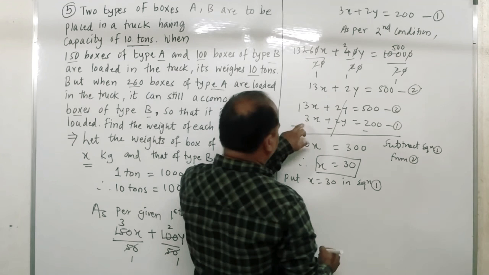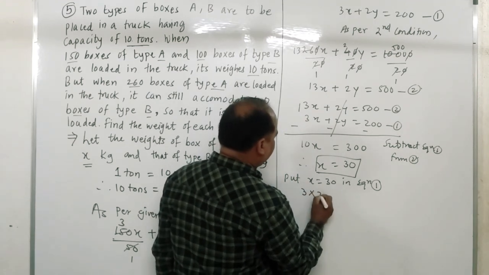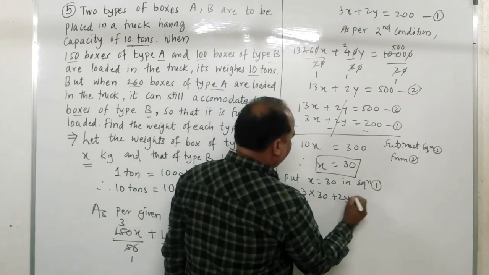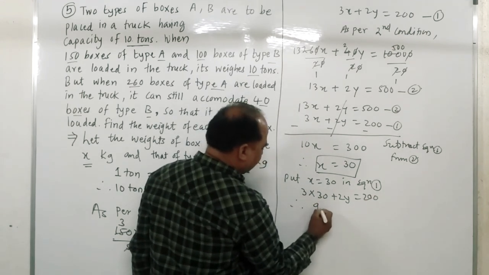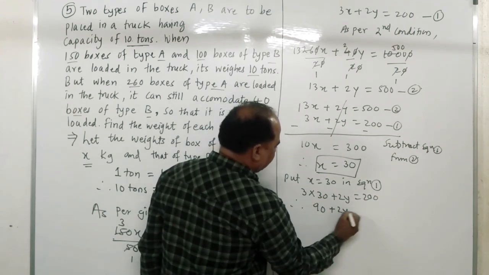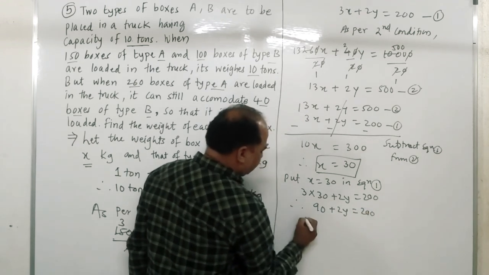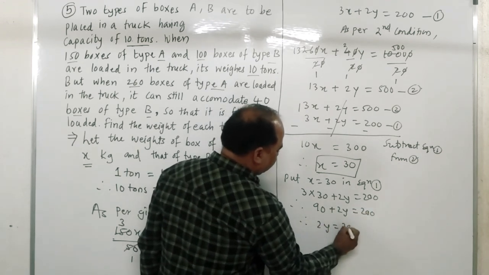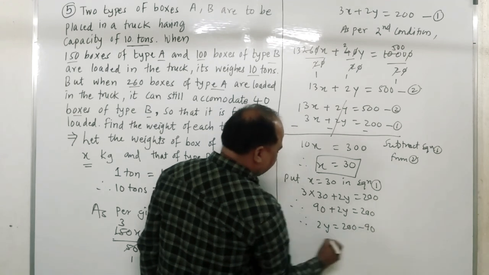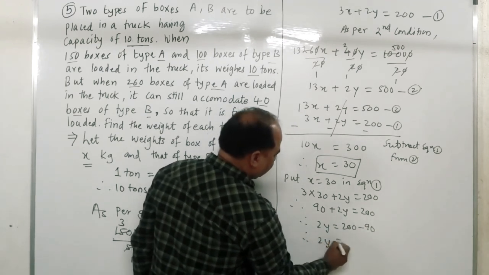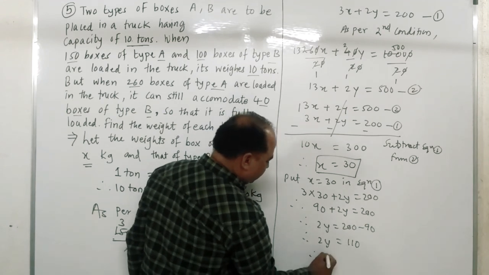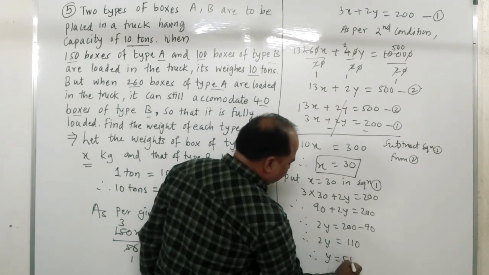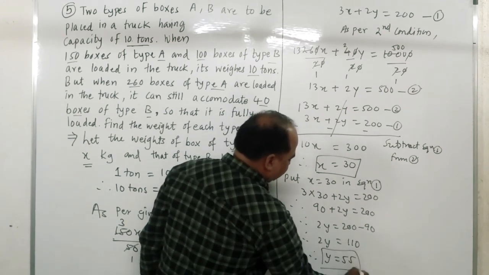Equation 1 is 3 into 30 plus 2y is equal to 200. 3 into 30 is 90, plus 2y is equal to 200. Therefore 2y is equal to 200 minus 90, therefore 2y is equal to 110. Therefore y is equal to 55.